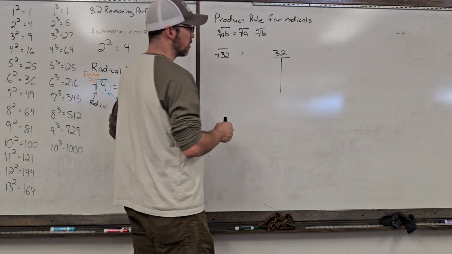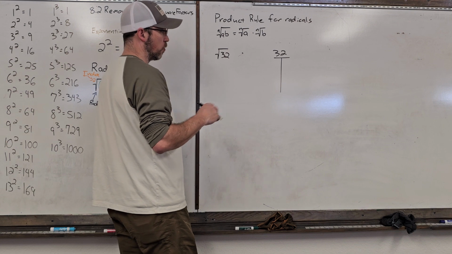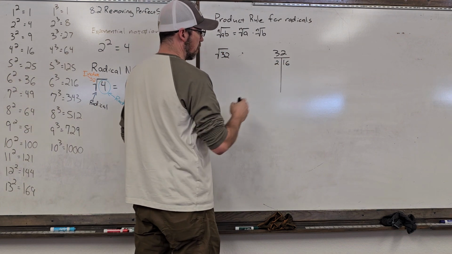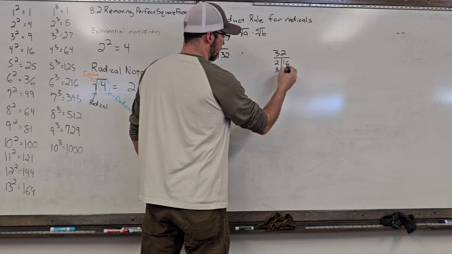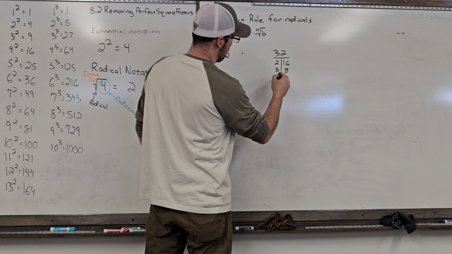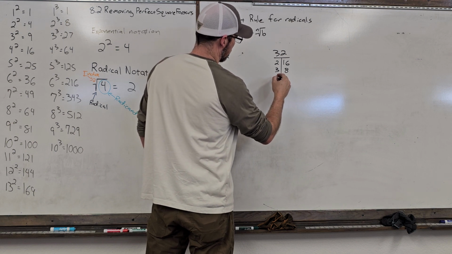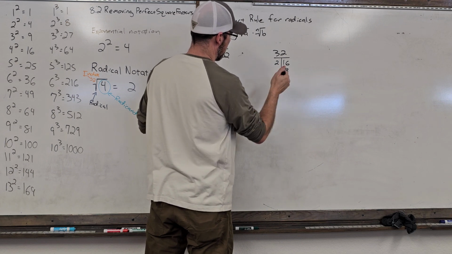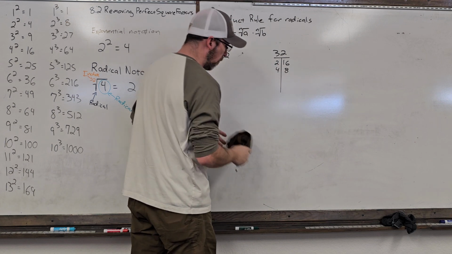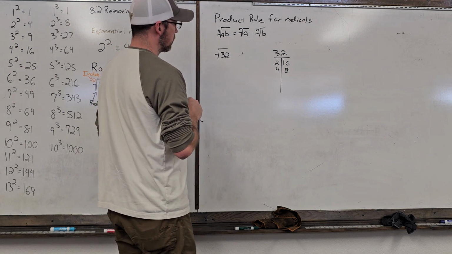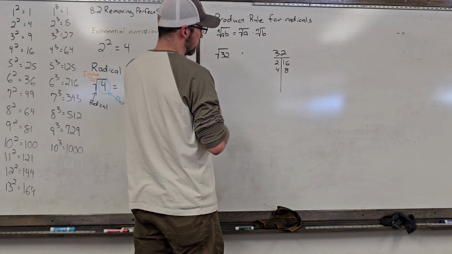But the factors of 32, other than the prime factors, I don't care about 1 and 32. I get 2 times 16. I get 3 times 8. What else am I going to get? It's not 3 times 8, it's 4 times 8. 6 doesn't go into it, 5 is not going to go into it.